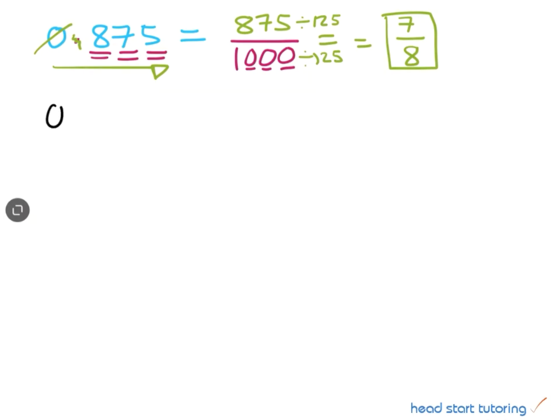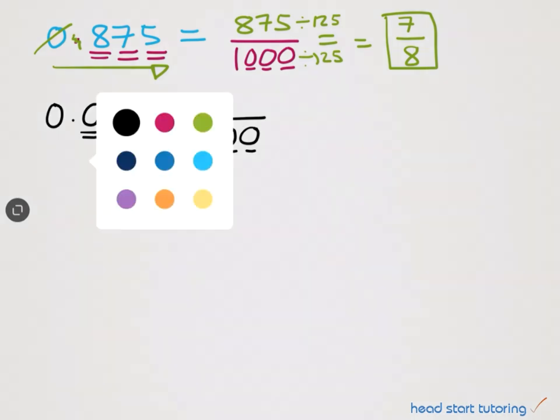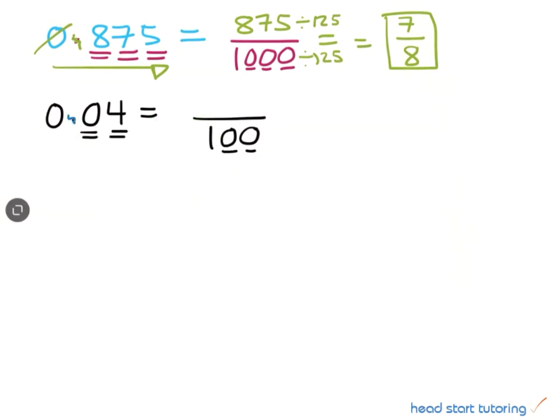Right, let's have a look at 0.04. 0.04 has 2 decimal places, so we are going to end up with a fraction out of 100. Because we've got 2 decimal places, we've got a 1 with 2 zeros, which is our 100. Then we ignore the decimal point because we've dealt with how many decimal places there are, and we see that we have the number 0.04, or just 4.